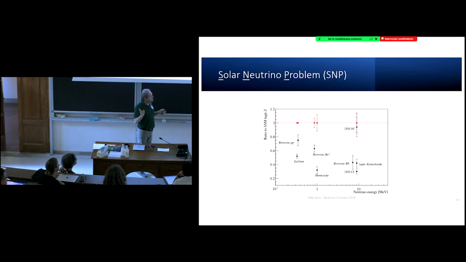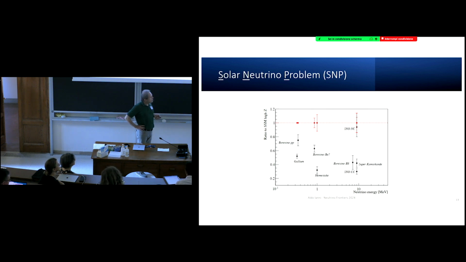So this is the final result, if you want, in a nutshell, of 56 years of observations, where on the y-axis you see the ratio of the measurement to the solar standard model prediction, and on the x-axis the energy.